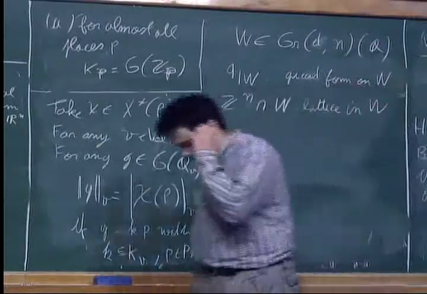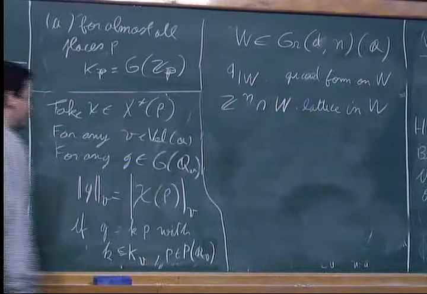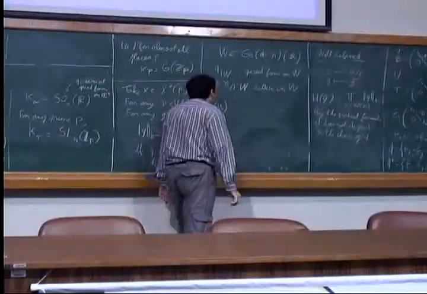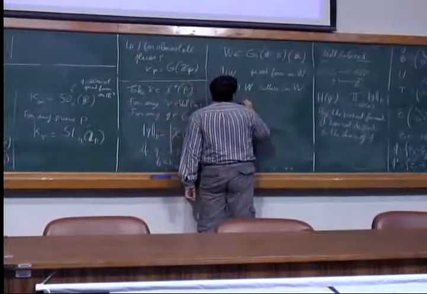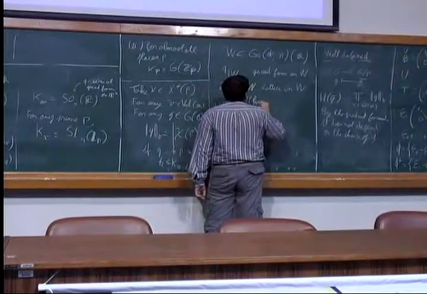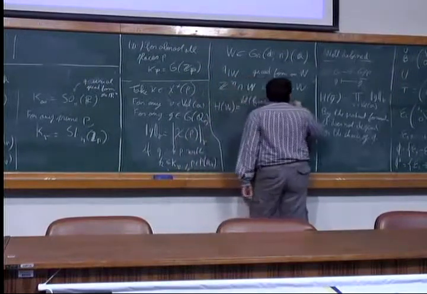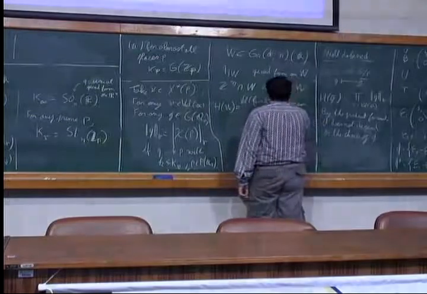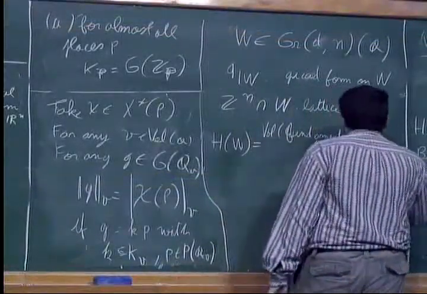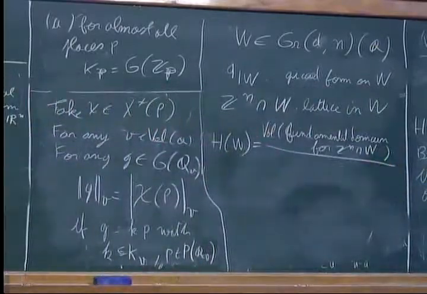Well, having these two data, the natural thing to do is to define the height of W to be the volume of a fundamental domain for Zn intersected with W, but then I have to normalize somehow my volume form.